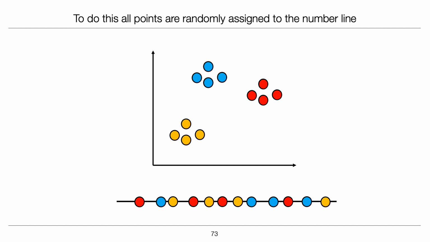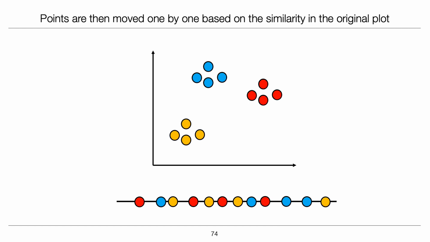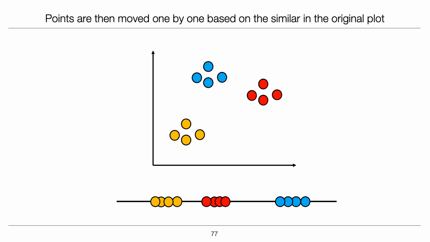Then we move the data points on the one-dimensional number line one by one to a new position so that they can maintain the similarity to the other data points as specified by the original 2-dimensional space. We will have to do that in many steps until the algorithm converges.